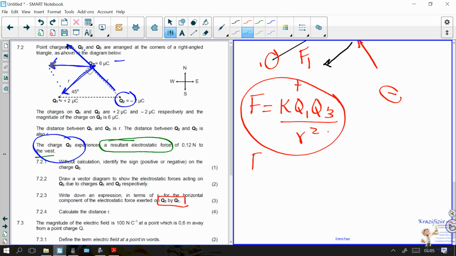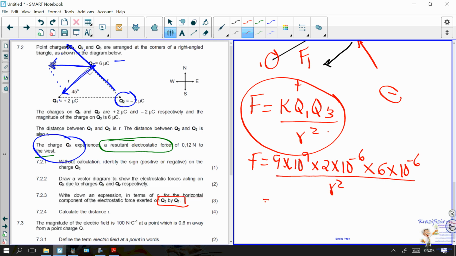So what is F? k is 9 times 10 to the power 9. What is my Q1? 2 times 10 to the power negative 6. Remember here we don't deal with the signs of the charges. What is Q3? 6 times 10 to the power negative 6, over R squared. And what will this be?